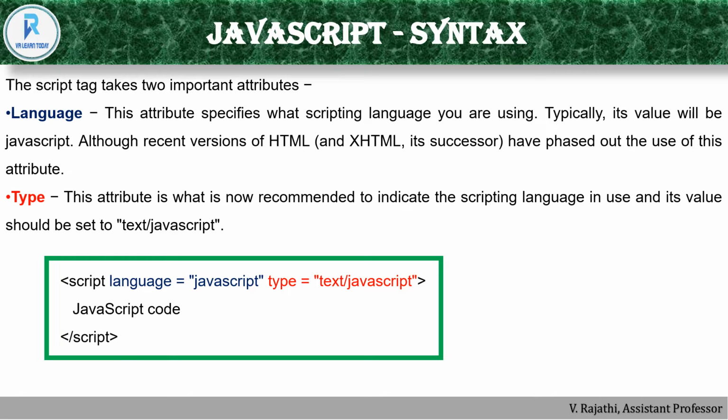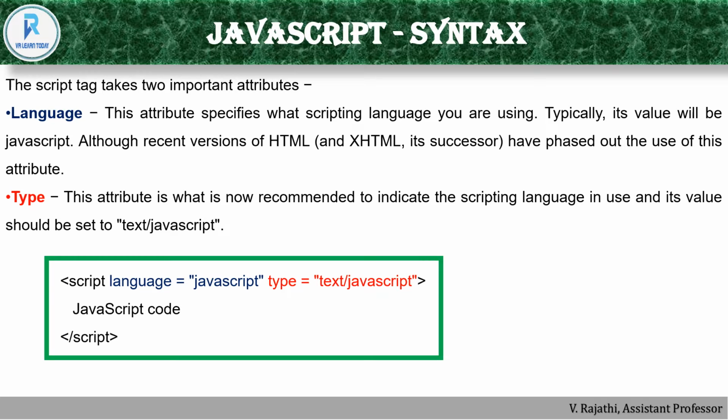Next, the script tag has two important attributes. The first one is language, and the second one is type. The language attribute specifies what scripting language you are using. Typically, its value will be JavaScript, although recent versions of HTML and XHTML have phased out the use of this attribute.